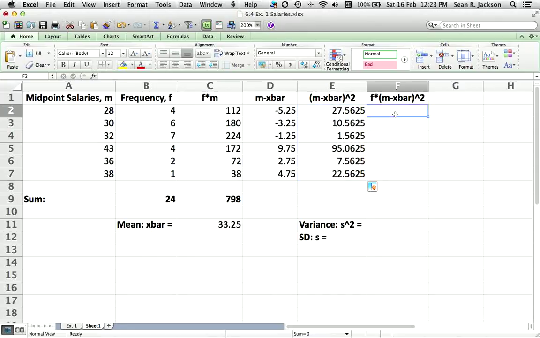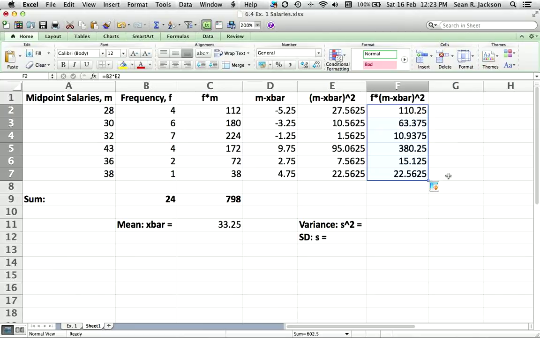Now the reason we're multiplying by F is that if we just add up those M minus X bars, again, it looks like there are only 6 data points. But we know that we're weighting them in that there's 4 data points that have the square deviation 27.5625, and there are 6 data points that have the square deviation 10.5625 and so on.